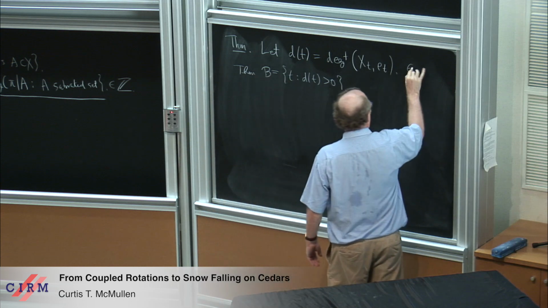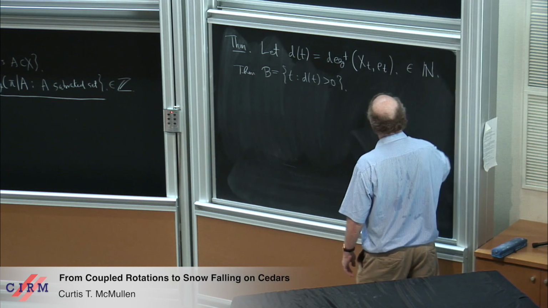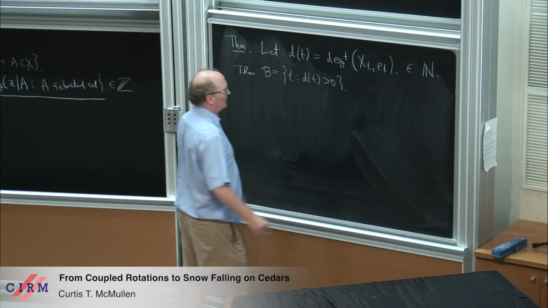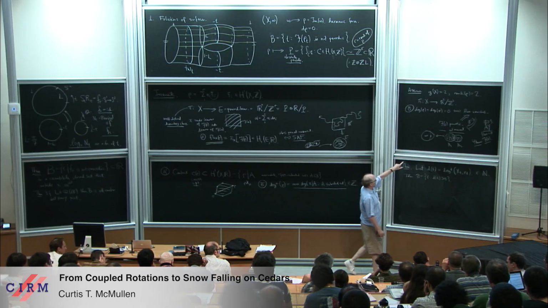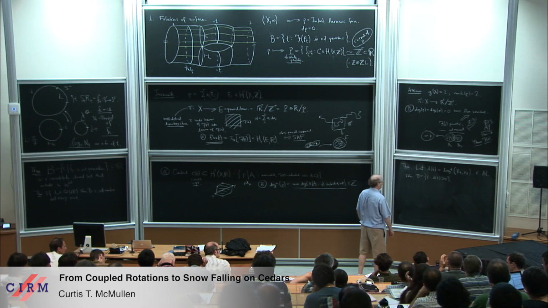Remember, this is a non-negative integer, so it vanishes when you have a periodic foliation, but it becomes positive when you split into a connexum of tori.